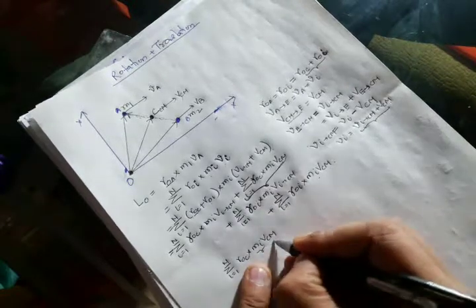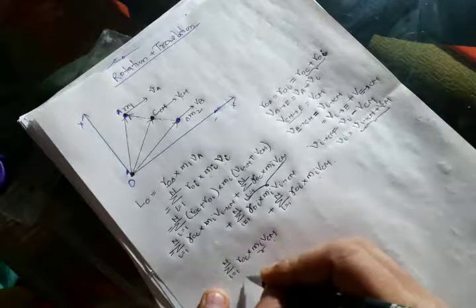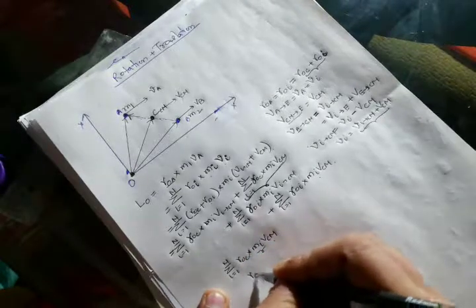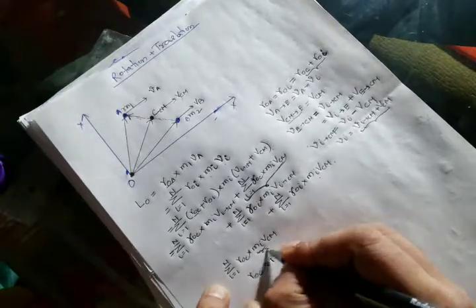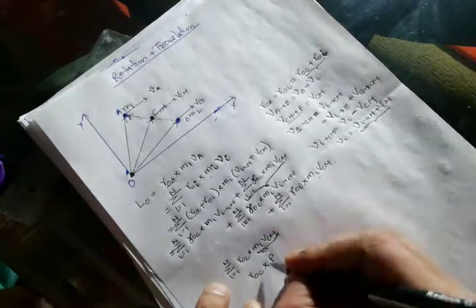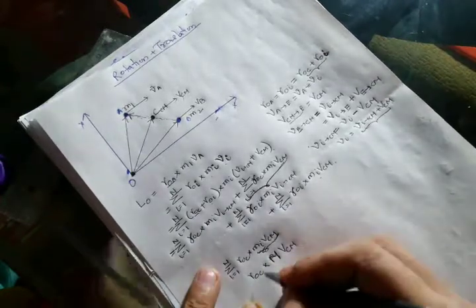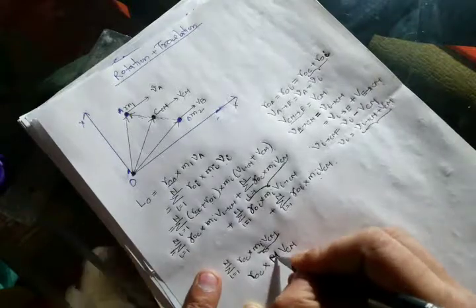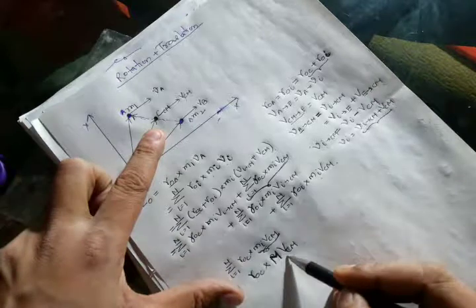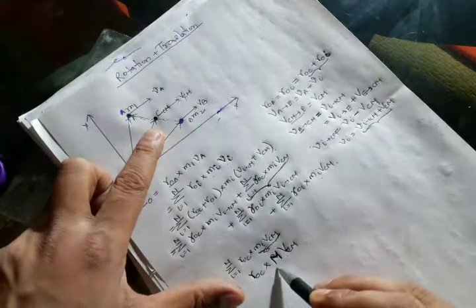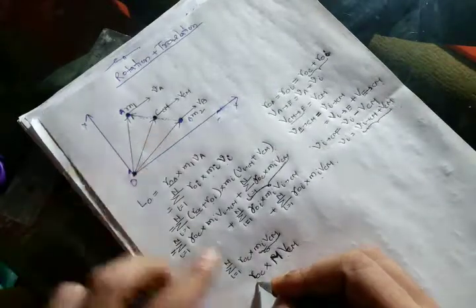So this would be the total mass times VCM: ROC cross M VCM. Here VCM is the center of mass velocity, M is the whole mass of the body, and this is OC.